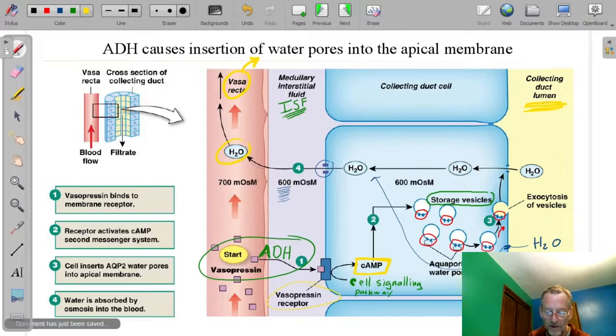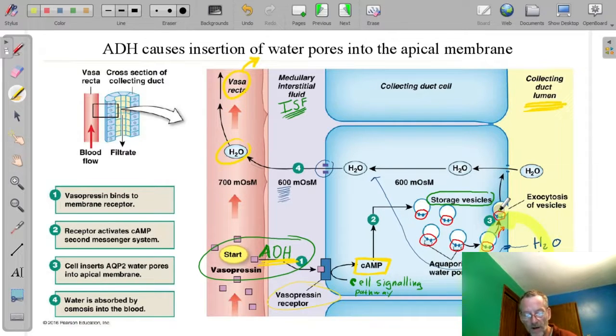Have the hormone arrive at the cell and have that insert new aquaporins on the membrane and reclaim the water. If you can just sketch that out, it doesn't need to be neat, it just needs to be legible, it needs to be understandable to you. I think that will help you learn this.